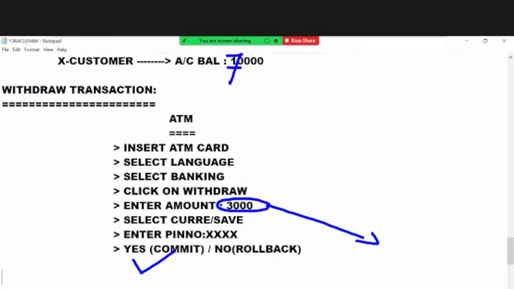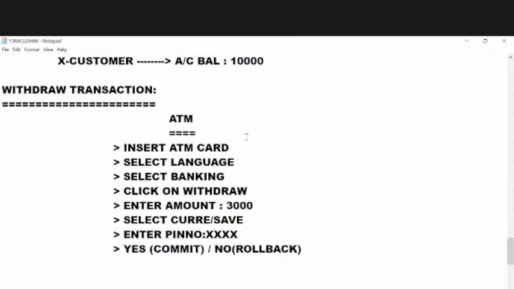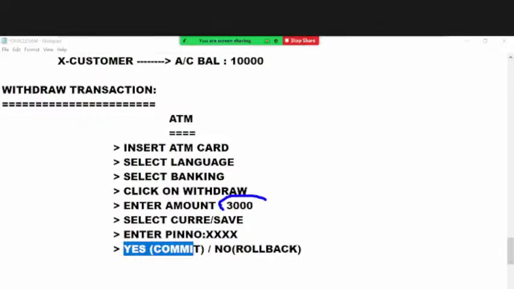Yes or no? Yes. But here, I clicked on yes, so it retrieved your data. So 3,000 rupees will be retrieved, and the balance will show what now? 7,000. So this is accurate.